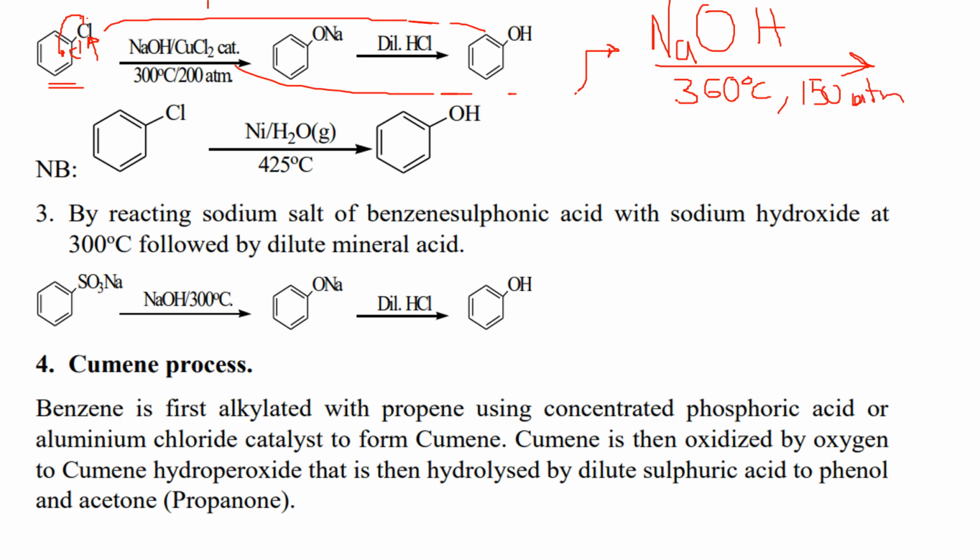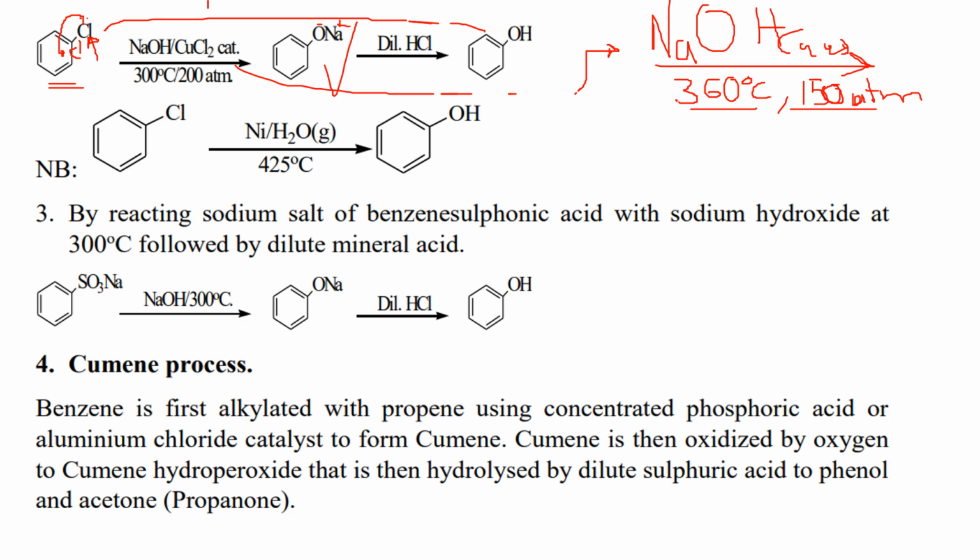So make an adjustment there. So we're going to be using sodium hydroxide, which is present in aqueous state, but you heat at 360 degrees Celsius and you apply a pressure of 150 atmospheres. So you're going to end up with sodium phenoxide.